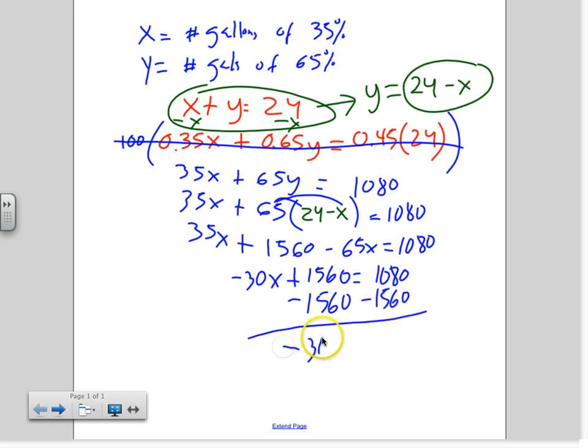You get negative 30x equals what's the answer here? Negative 480. We agree? Yes. And at this point, let's divide by negative 30.